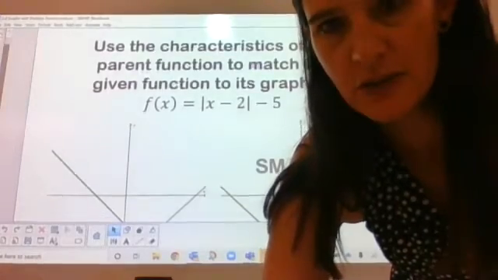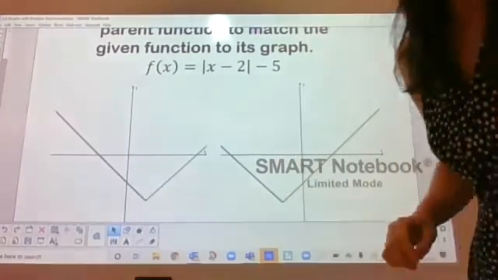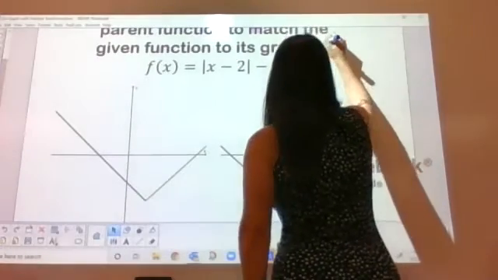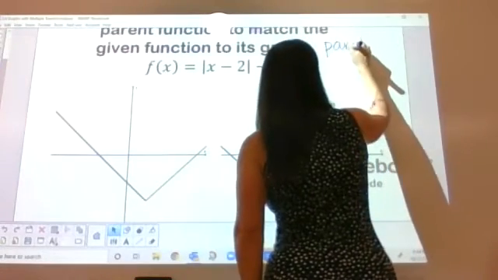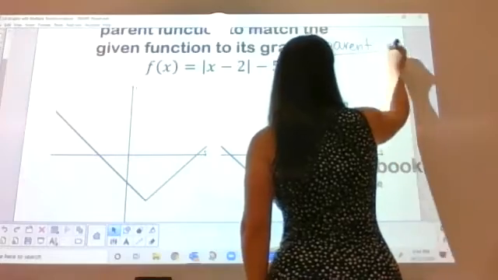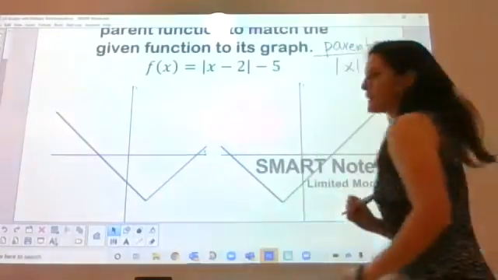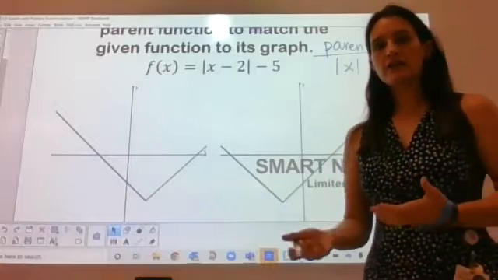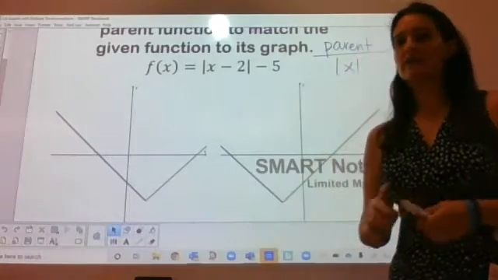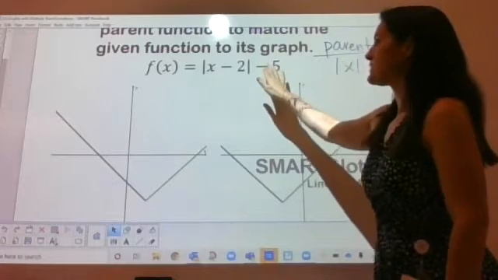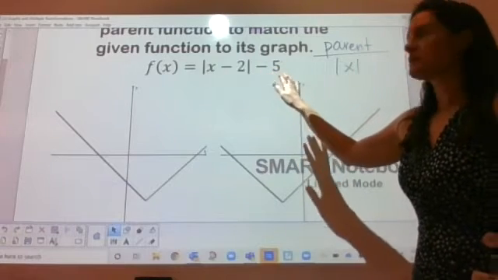Okay, pause the video and try this one on your own. So the parent function is absolute value of x, right? That's what we would have before any numbers were introduced into it.